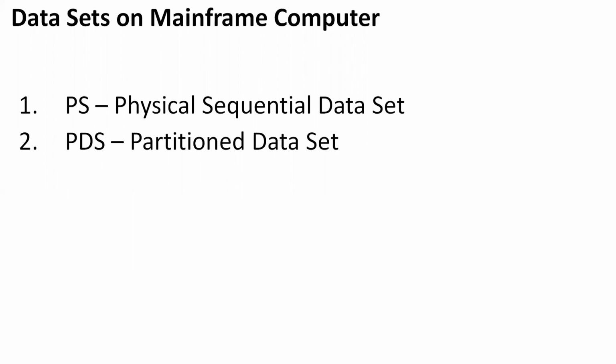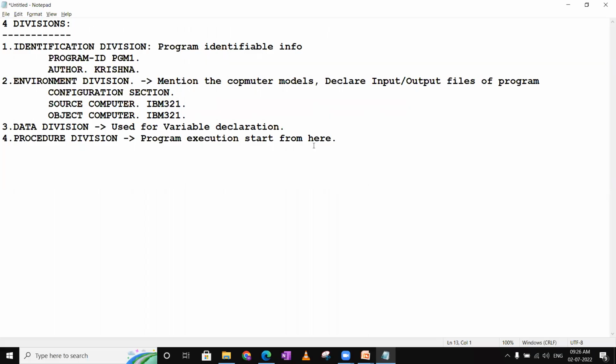On a mainframe computer also we have files, and these are called data sets. There are mainly two data sets, PS and PDS. PS stands for physical sequential data set, PDS stands for partitioned data set. Data sets are used to store data.